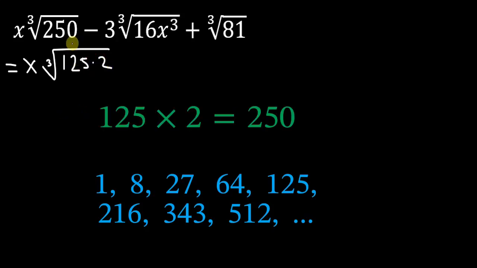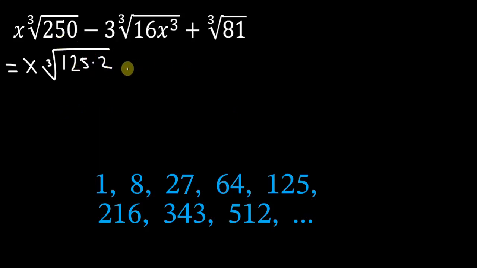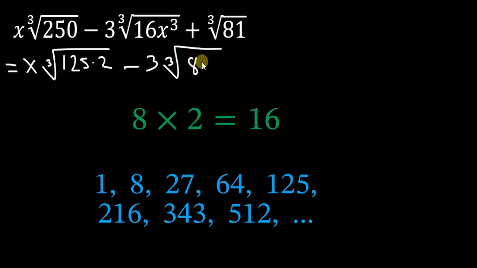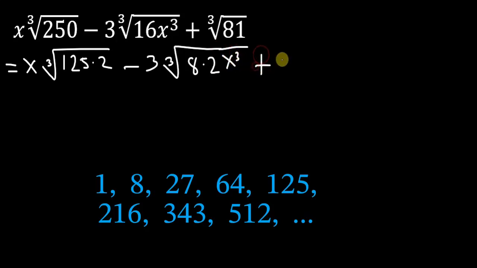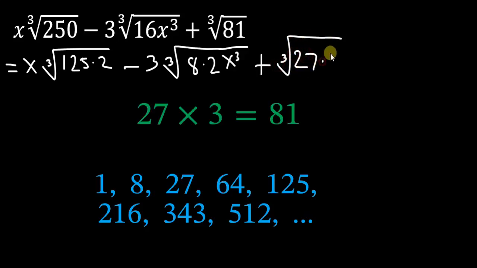Kasi 125 times 2 is equal to 250. Minus 3 cube root of 16. Also, we can write this as 8 times 2. And then yung x raised to 3, lagay pa rin natin. Plus cube root of 81. So that is 27 times 3.